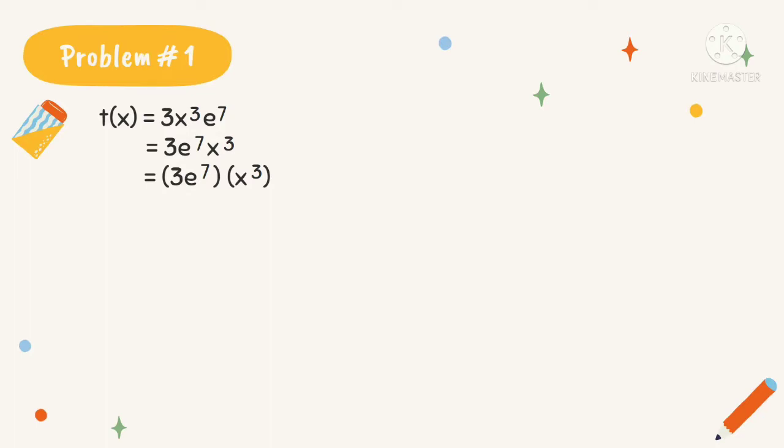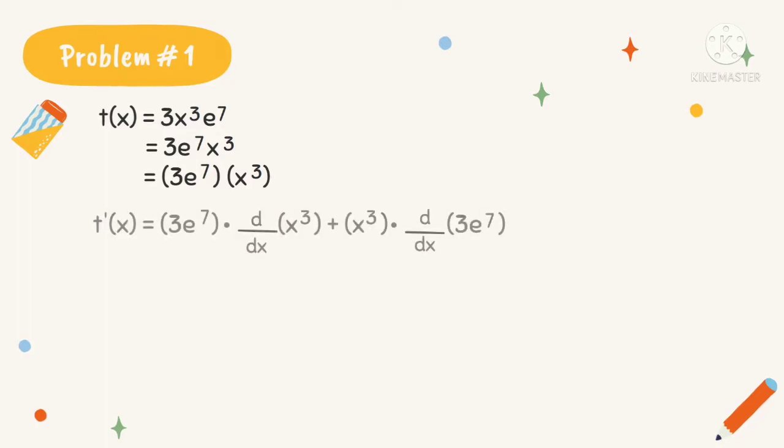Since everything is clear already, we can now follow the format of the product rule to have t prime x is equal to 3e raised to 7 times the derivative of x cubed plus x cubed times the derivative of the constant 3e raised to 7.